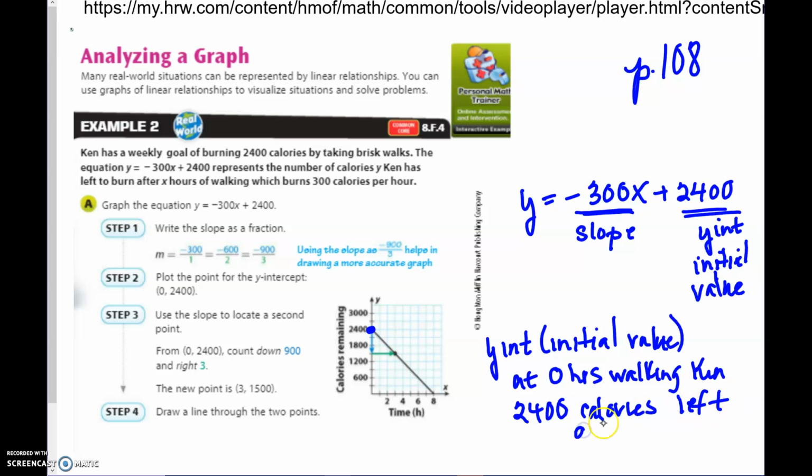So the y-intercept is representing how many calories he has left to burn. So he hasn't started any exercising. So obviously if his goal is 2,400, that's where he's starting. That's his initial value of what he's going to burn.